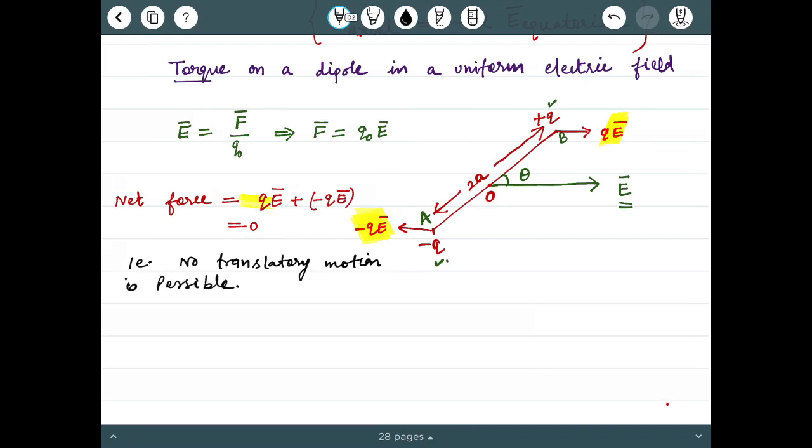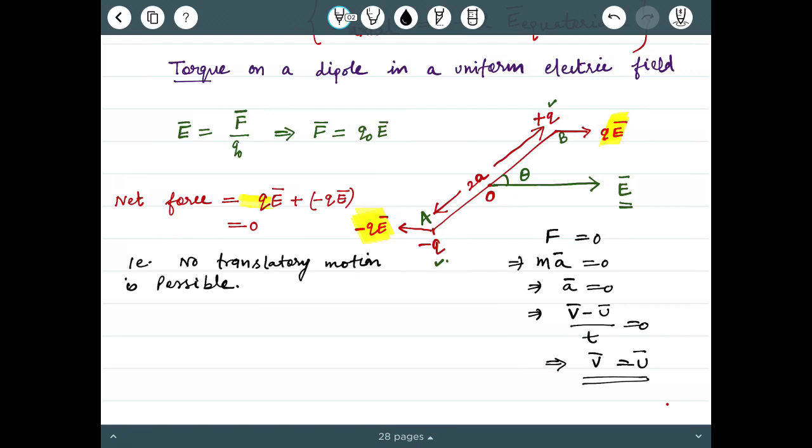If you are still not getting it, I'll explain this again. Since force is 0, it means ma equals 0. It means a is 0, and if a is 0, then v minus u divided by t is 0, or it can also be written as v equals u, meaning there is no change in the velocity.